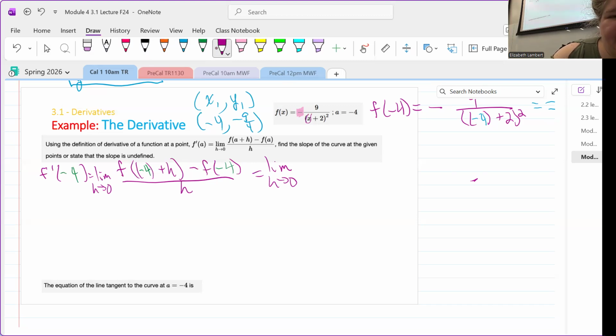All right, so again, I'm going to take that h on the bottom and write it as 1 over h in front. And then I'm going to have some brackets for everything that's on top because I'm about to have some annoying fractions.